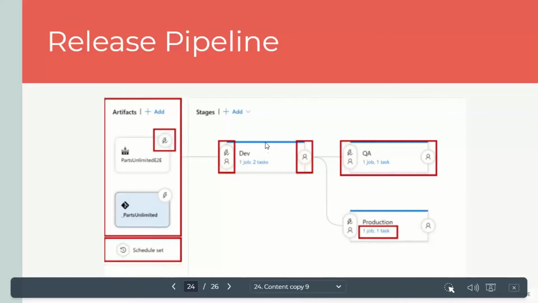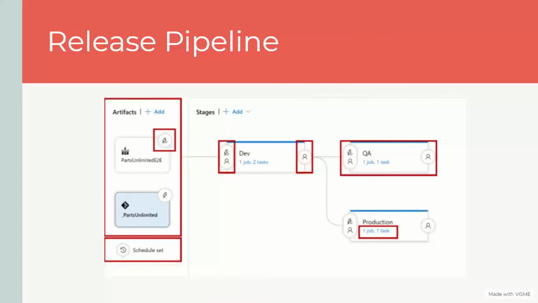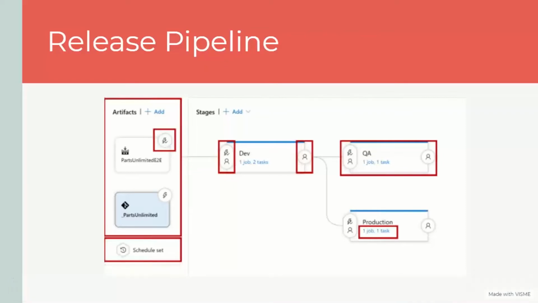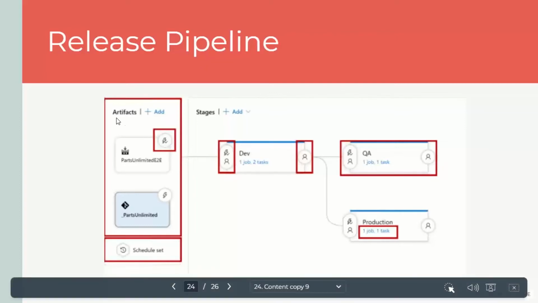Those kinds of features you won't get from the build pipeline. If you're just doing the deployment, we can still complete it with the build pipeline itself. We can add one more task at the end of the artifact publish, but that is not the good way.